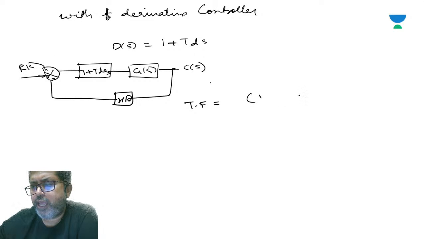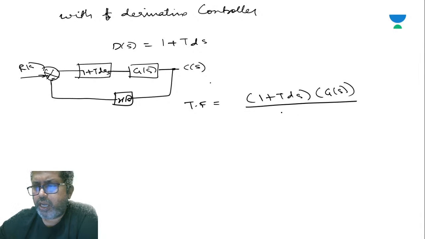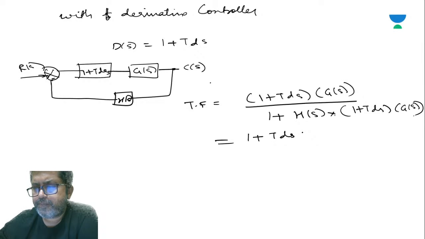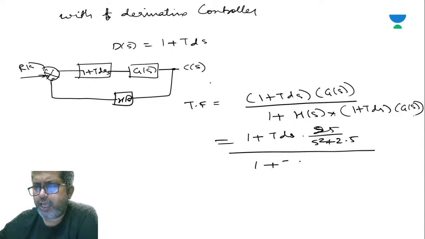1 plus TDS GS divided by 1 plus HS into 1 plus TDS into GS. So that is equal to 1 plus TDS 25 upon s square plus 2.5 divided by 1 plus TDS 25 upon s square plus 2.5.